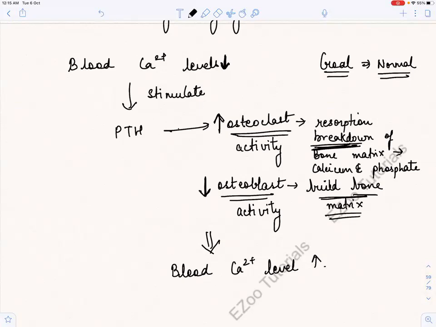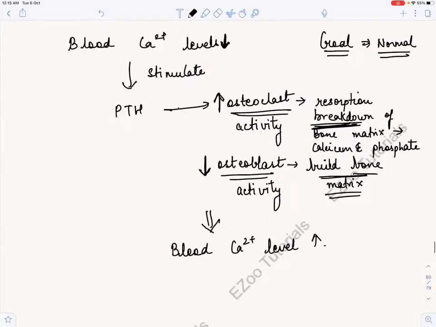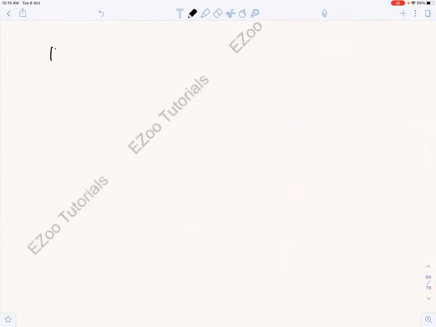Now let us see what it is doing in the kidney, right? The second point was the kidney. I will write a sentence and you have to understand it, and then I will explain.